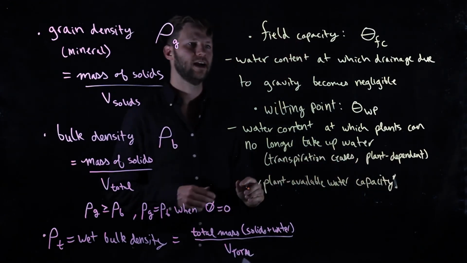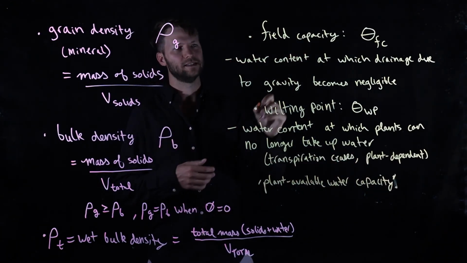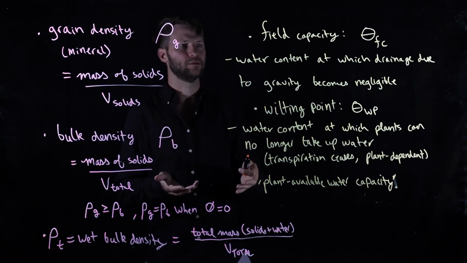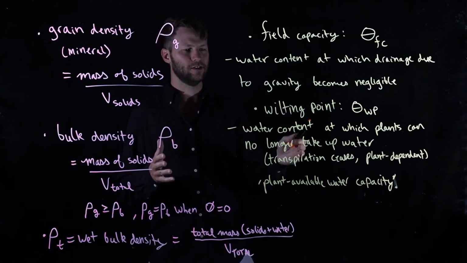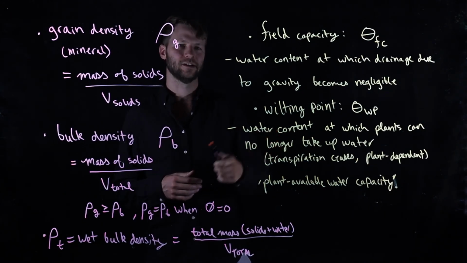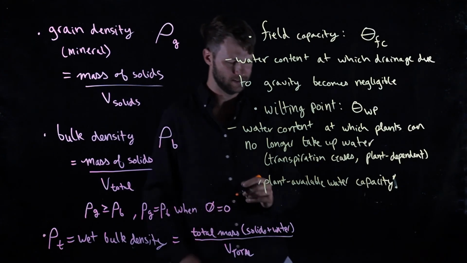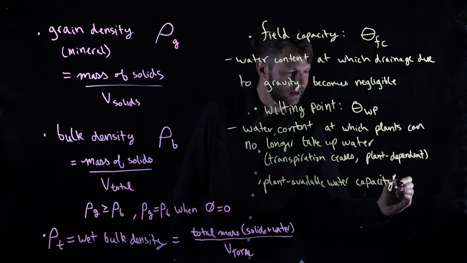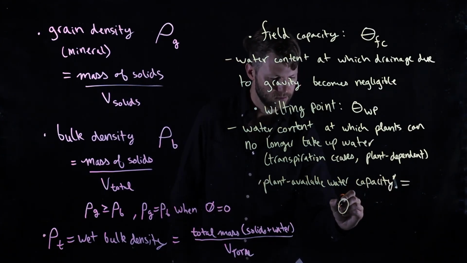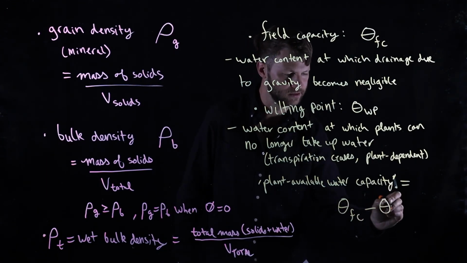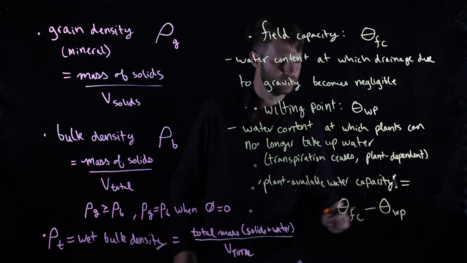And this term describes the water content between field capacity, so it rains, it stops draining downwards, and then however long it takes for the plants to no longer be able to use that water, how much water, the difference between those two water contents. And so we will define this as the field capacity water content minus the wilting point water content.